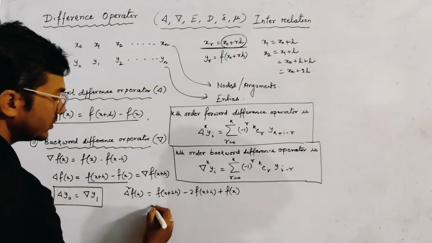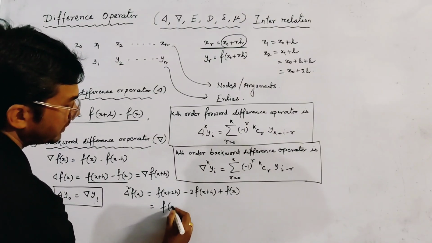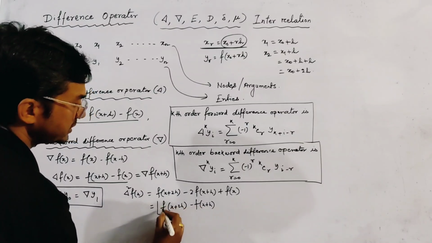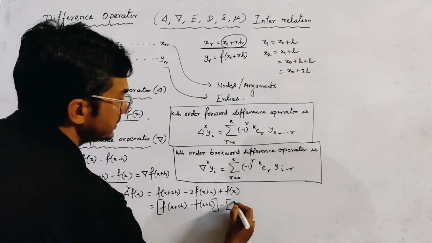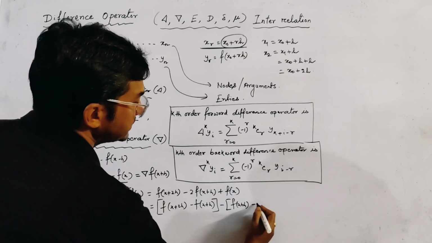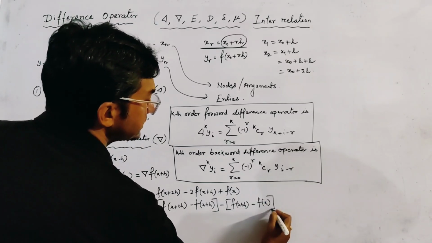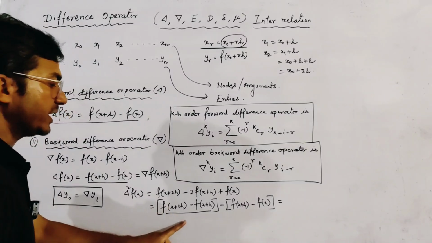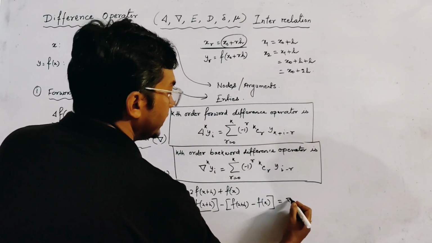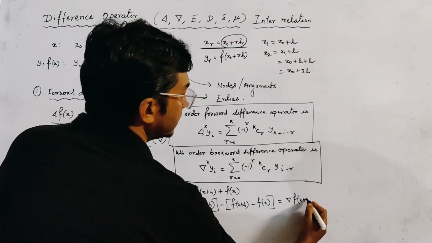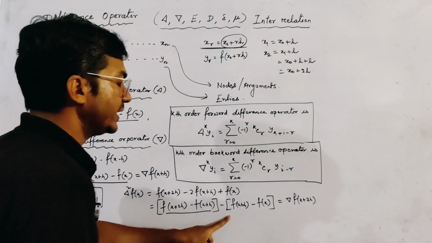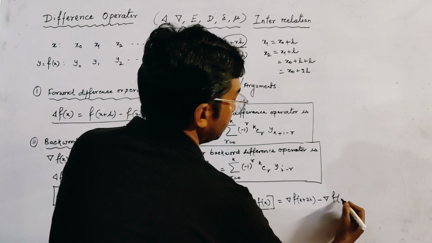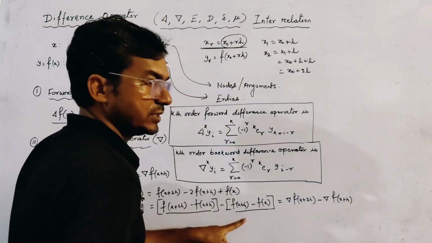We write this as f of x plus 2h minus f of x plus h, minus f of x plus h minus f of x. In the first bracket this is nabla f of x plus 2h, and for the second bracket this is nabla f of x plus h.